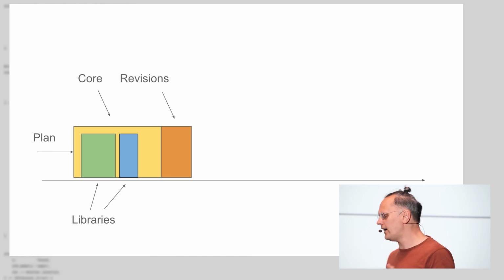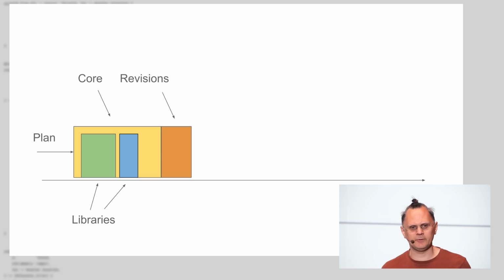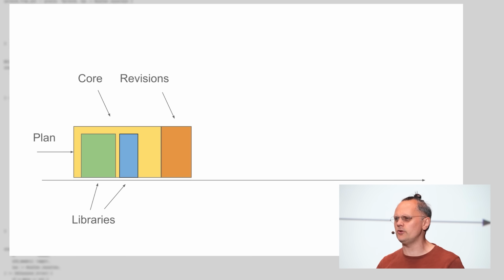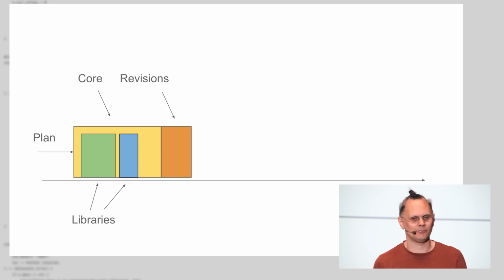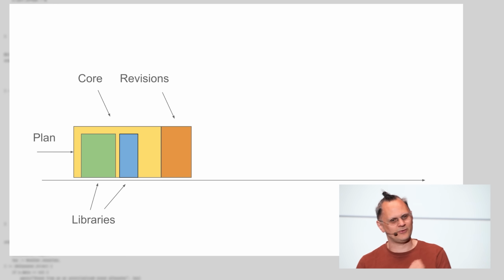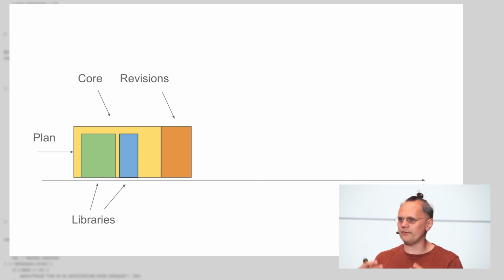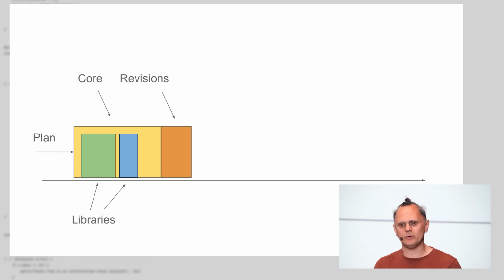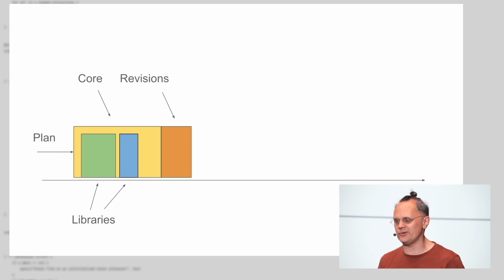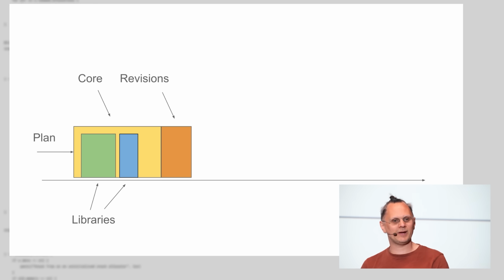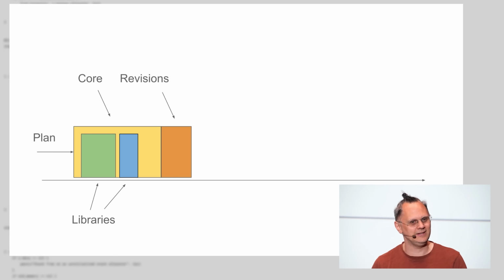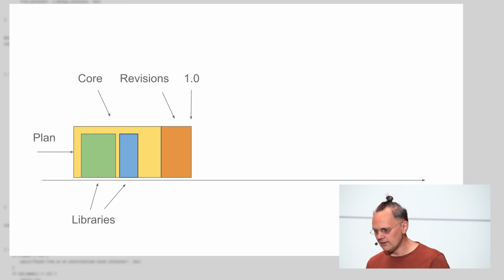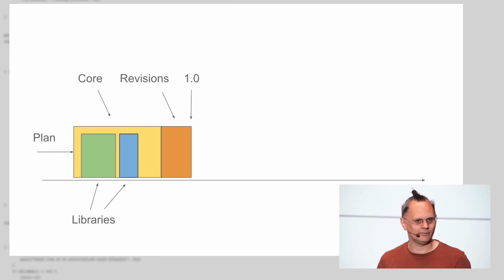Then after that, I do a lot of revisions, because once you get to like 80%, then you can start using the software. And then you realize some of your ideas weren't perfect, and some things are a little bit fidgety, and so you have to make another revision. You don't have to finish the application to do that. You can just tell that some of my assumptions weren't that great, so I need to do some revisions, right? And then you get to 1.0, right?